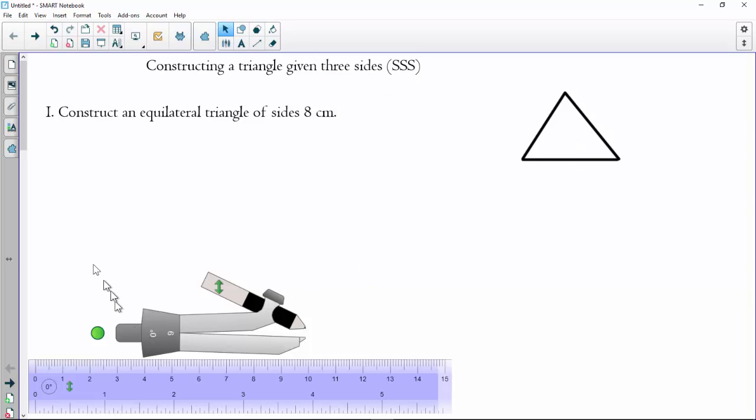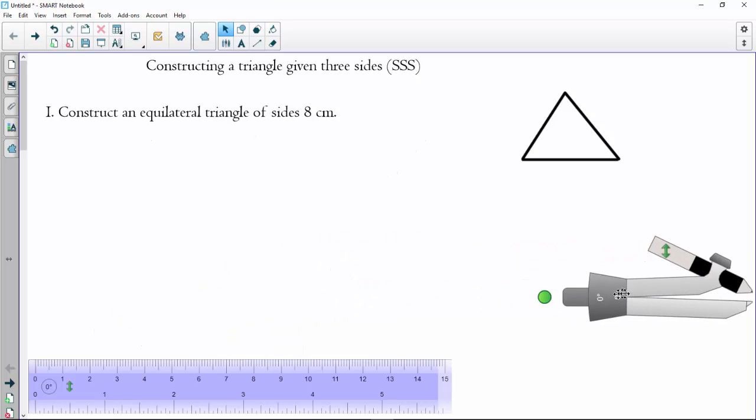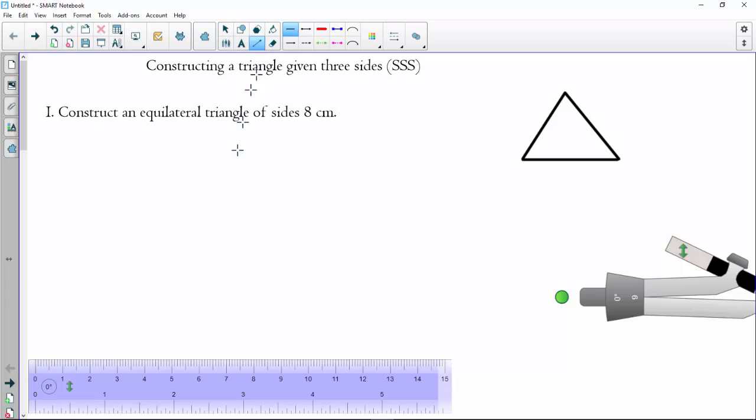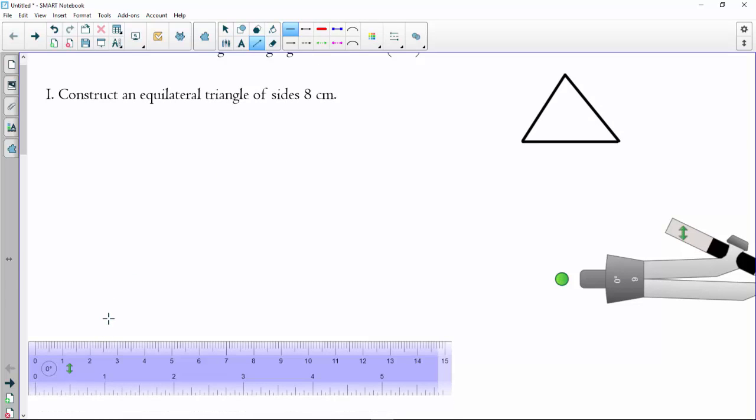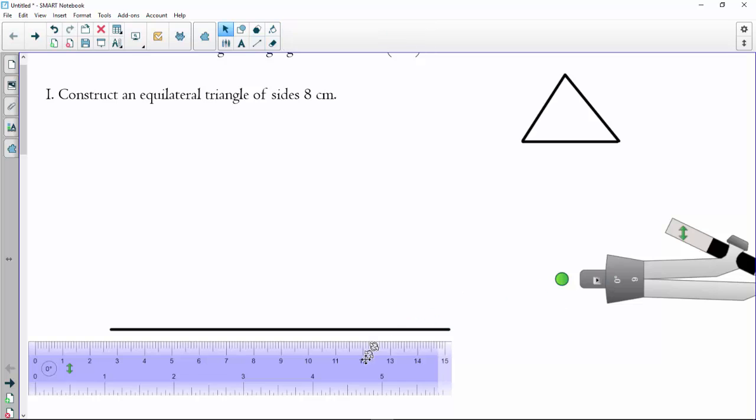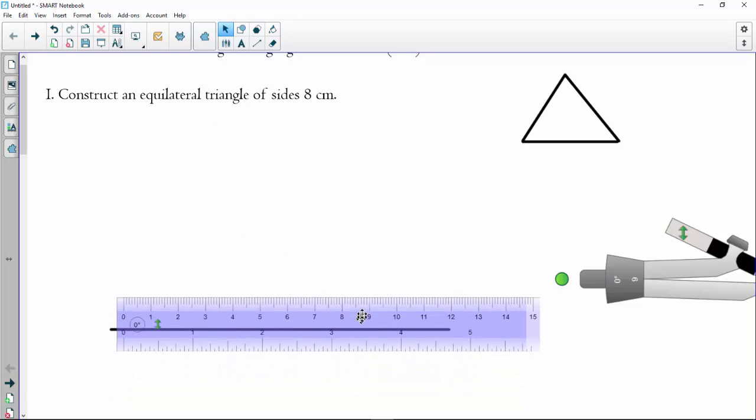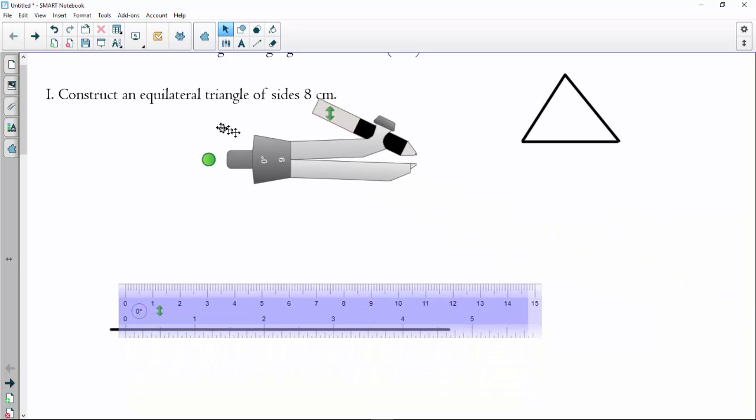So the first thing first, we have to construct our baseline. Now we draw our line longer than needed. So I will call this my baseline here. Wonderful. Now, with the use of my ruler and compass, I am going to measure 8 centimeters long.